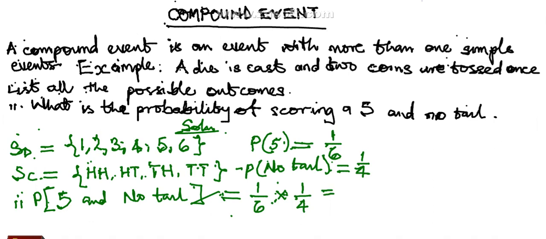So when we multiply 1 on 6 by 1 on 4, we are going to get 1 on 24. So the probability that we will score a 5 and no tail is very, very slim.